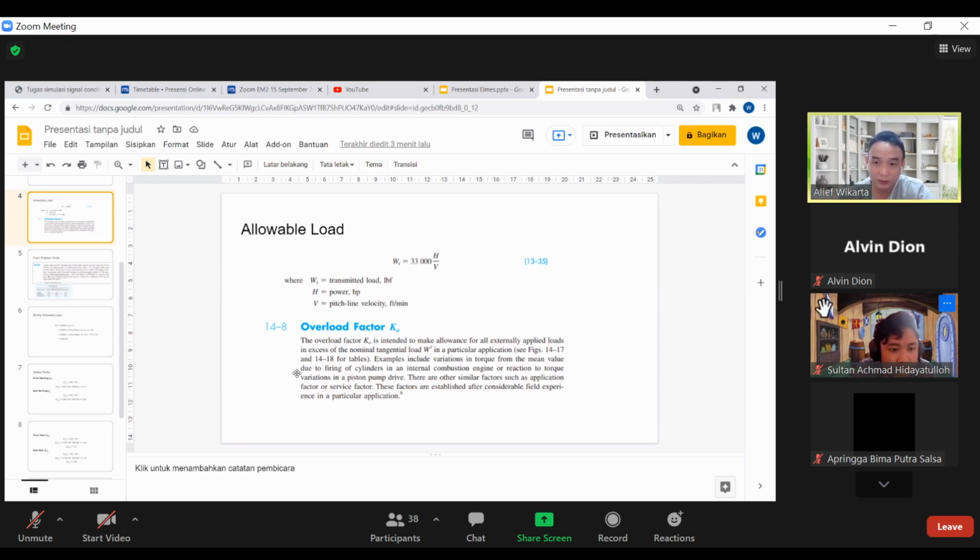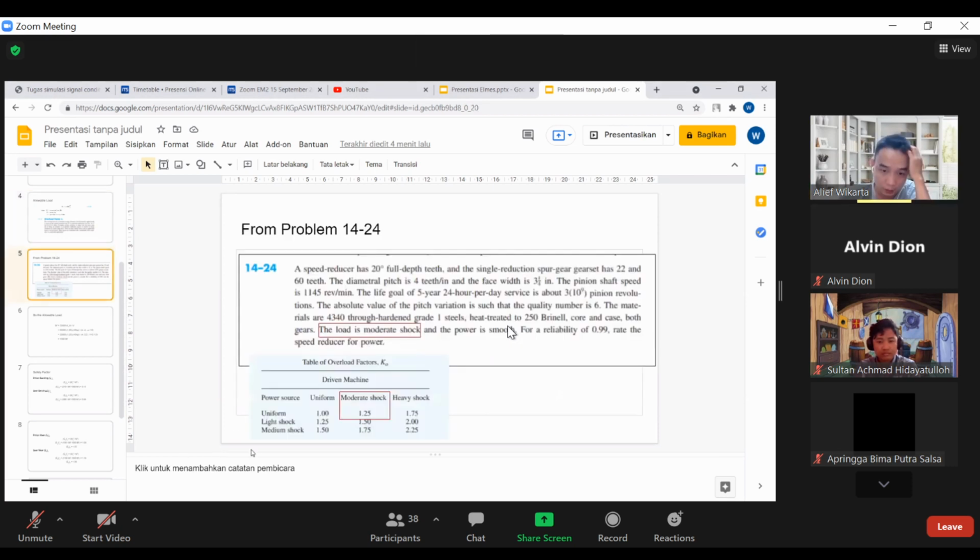But if there's information, like in these problems, problem 14-24, the problem already mentioned it, right? The condition is moderate shock. Then we have to include the KO.